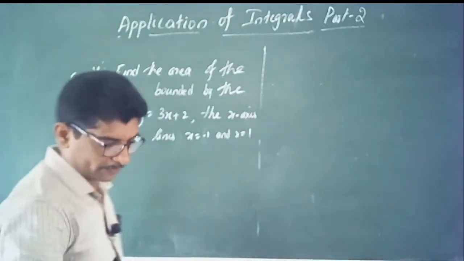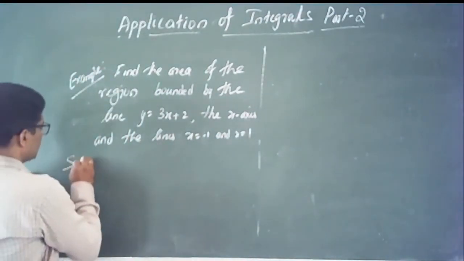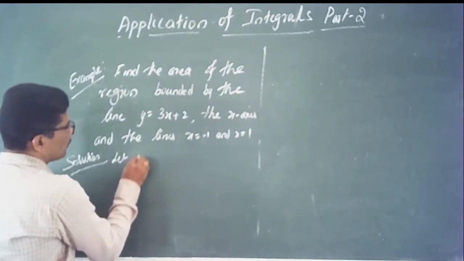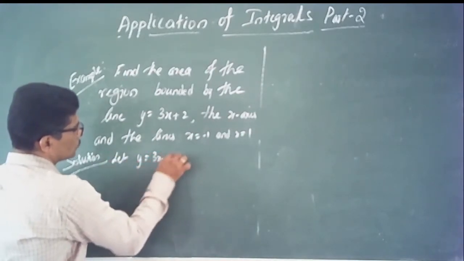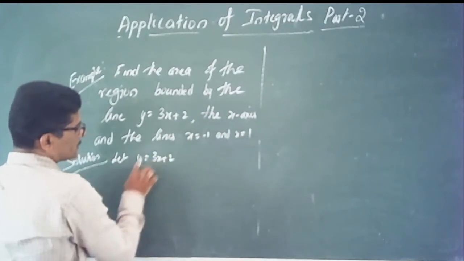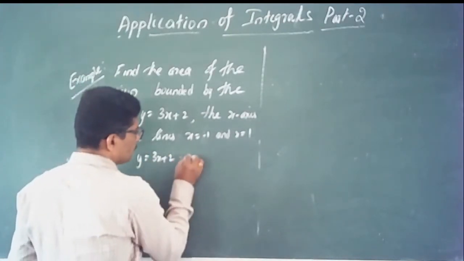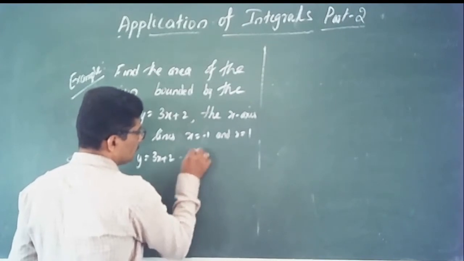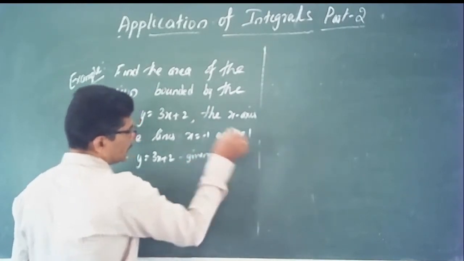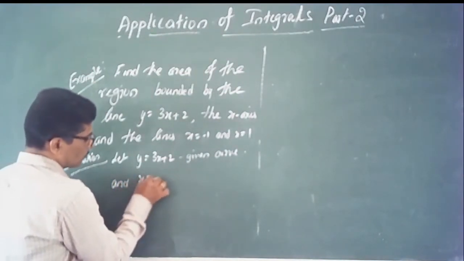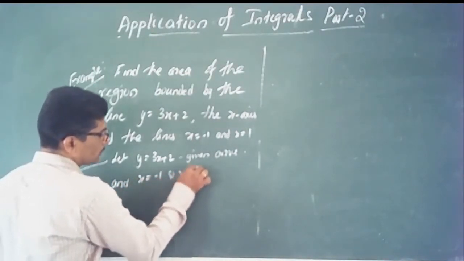Figure is very important. Here, given the solution, the given curve is y is equal to 3x plus 2 and the x-axis, therefore we put y in terms of x. The given line, the given curve, and the lines x equal to -1, x equal to +1.